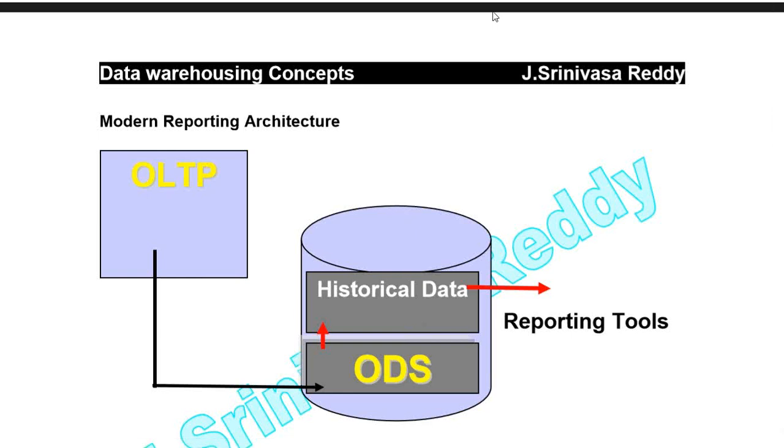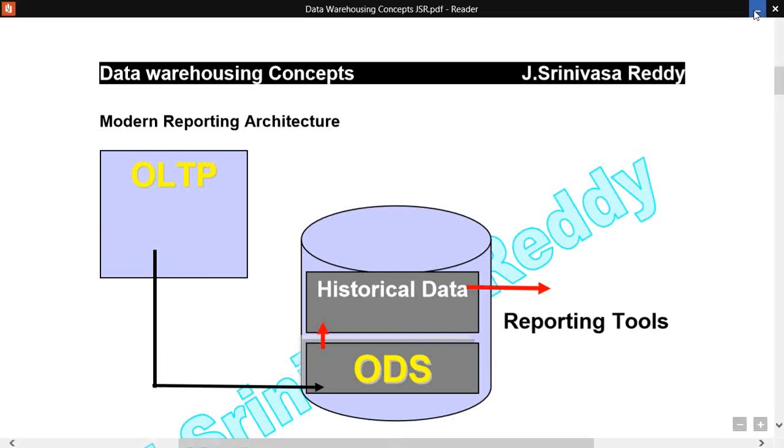In the modern reporting architecture, majorly there are three different things you have to understand. One is OLTP. Already you know about OLTP. OLTP stands for Online Transactional Processing System, that is your traditional transactional processing system. Then another one is the data warehouse. Sorry, there are two keywords I would like to mention here: one is ODS and another one is data warehouse.